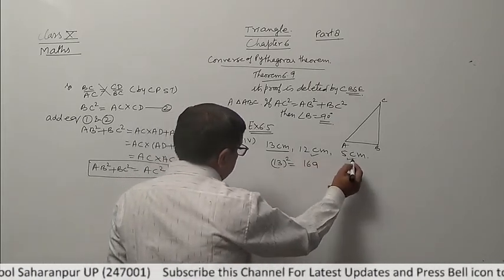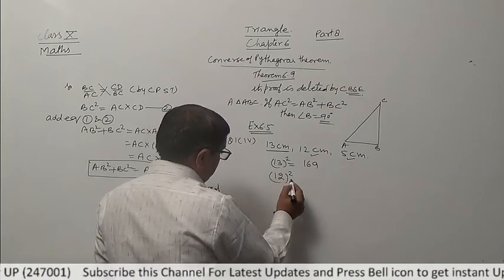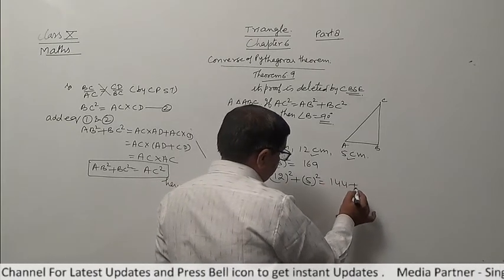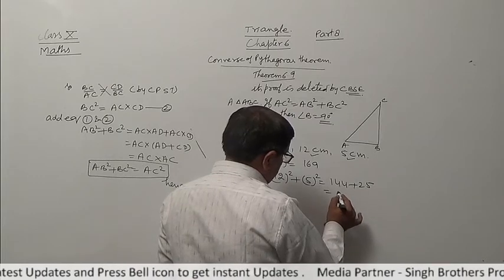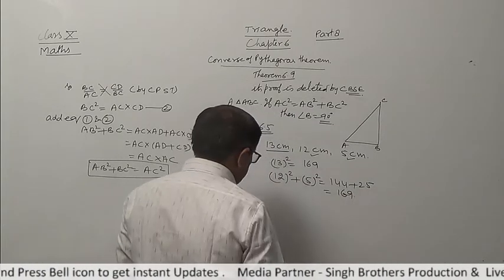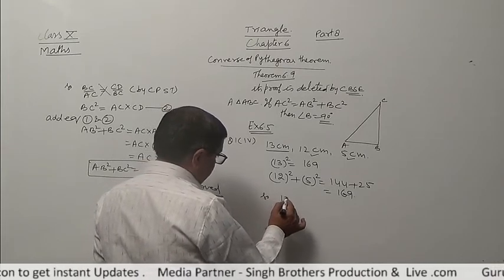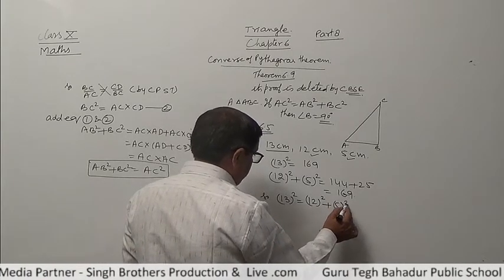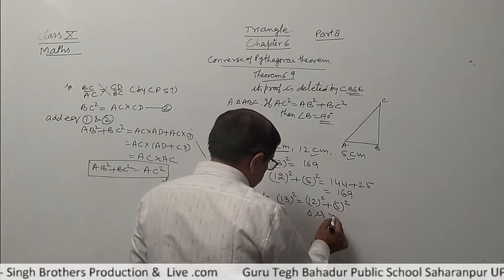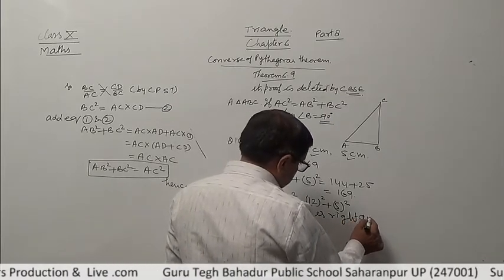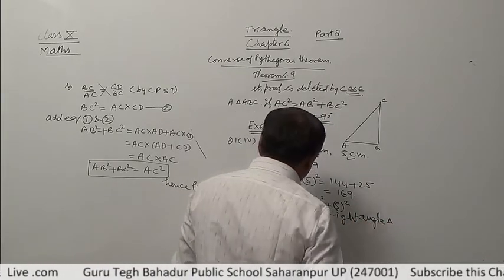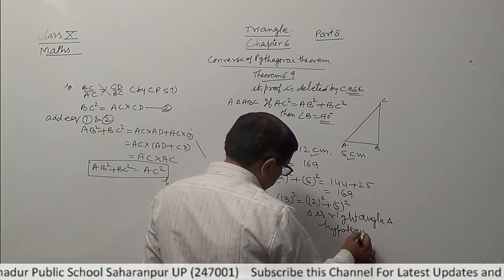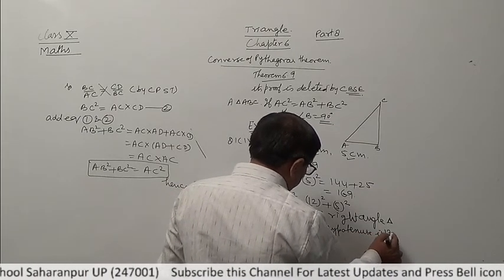Smaller two sides are 12 square plus 5 square, so it is 144 plus 25, that is 169. So 13 square is equal to 12 square plus 5 square. Your triangle is right angle triangle, and longest side is 13, so hypotenuse is 13 centimeter.